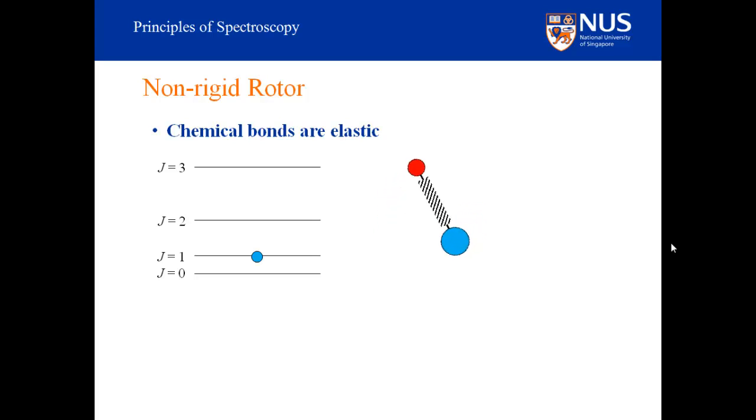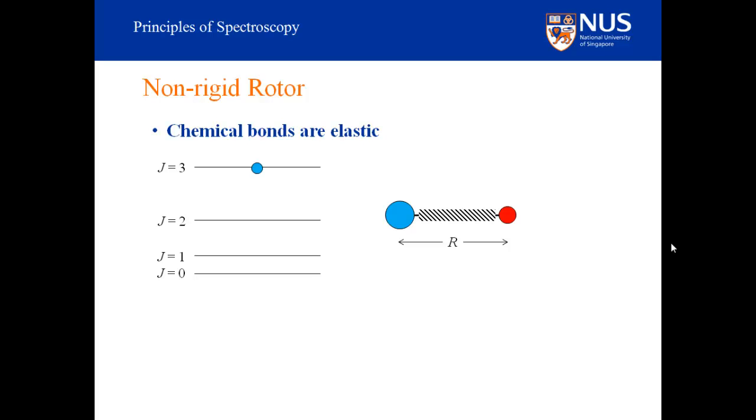If I go to J equals 2, the bond length will be larger, because it is rotating faster. The nuclei experience centrifugal force, which stretches the bond. If J equals 3, the bond length is even longer, because it is rotating even faster.